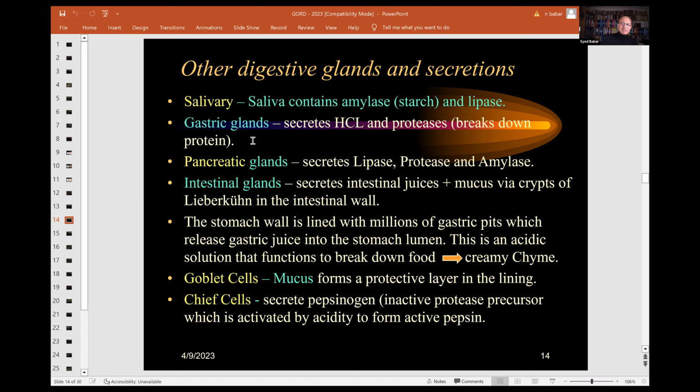Another contribution that the small intestinal part of the enzymes and the hormones offer is that they secrete intestinal juice, which is a lot of mucus, via the crypts of Lieberkuhn in the intestinal wall, as is the case with the gastric pits in the mucosa.